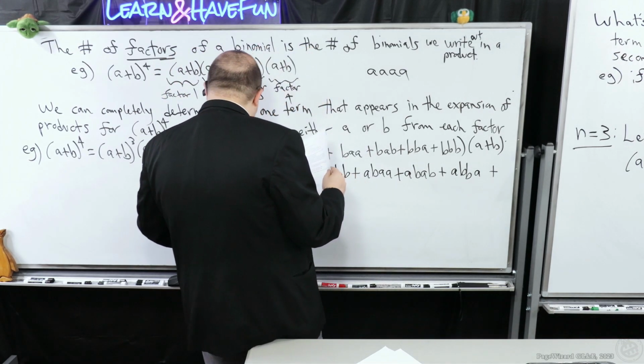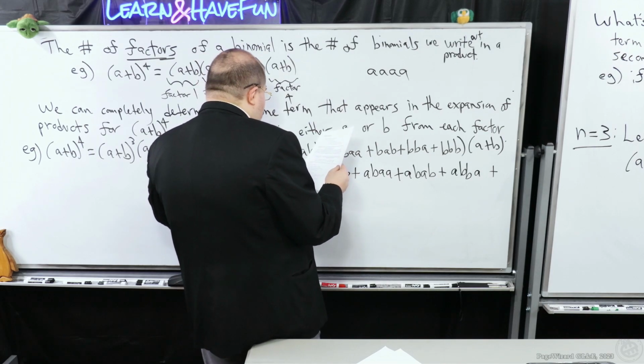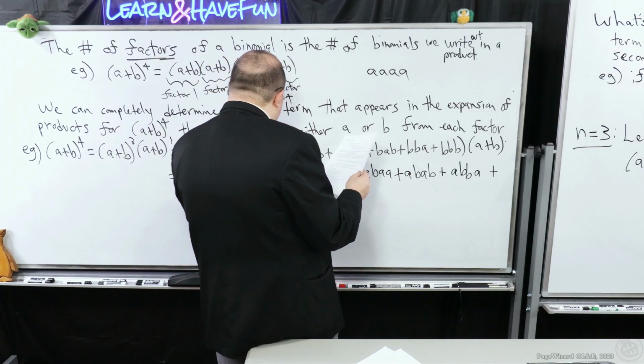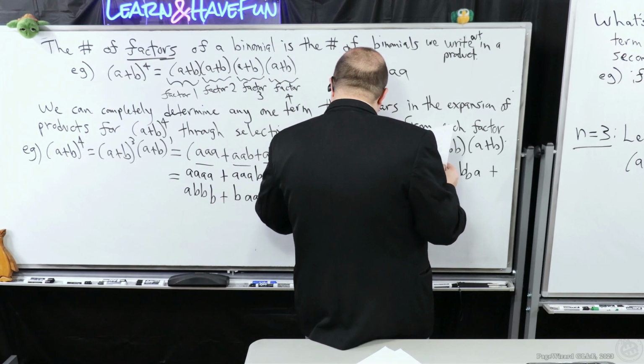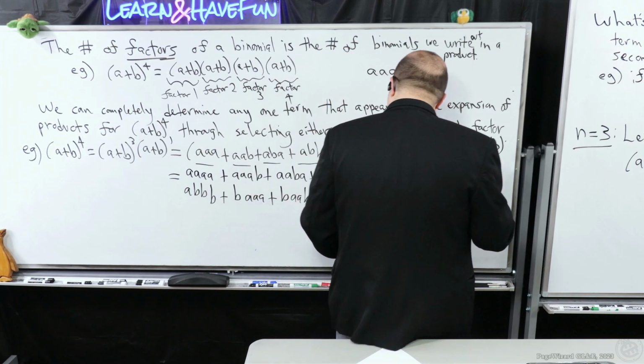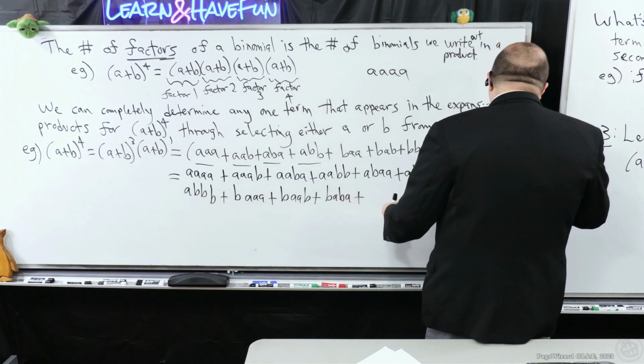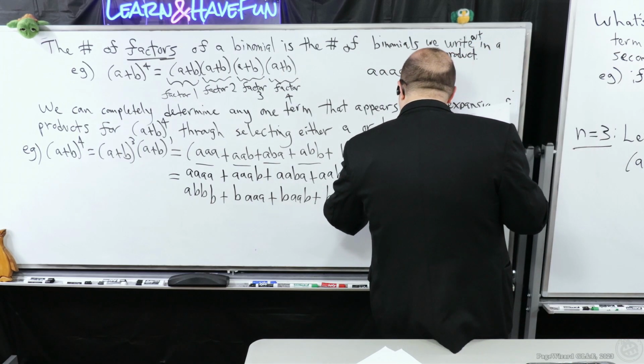Now we've got all the ones starting with A. We've got BAA plus BAAB plus BABA, and BABB.